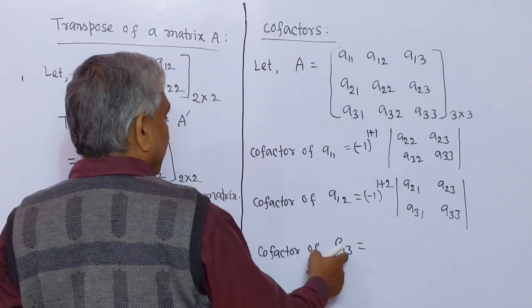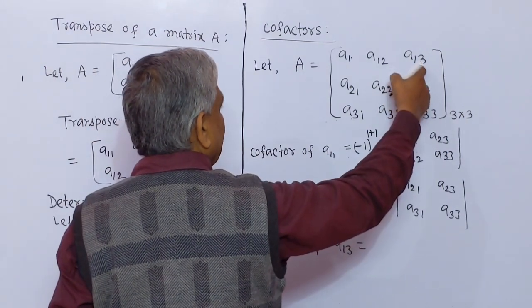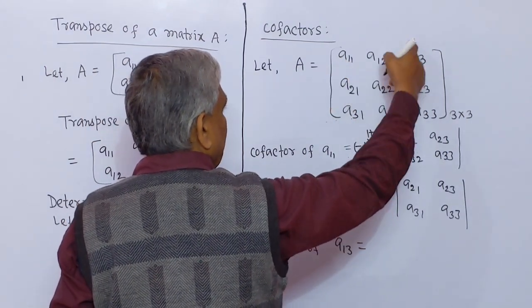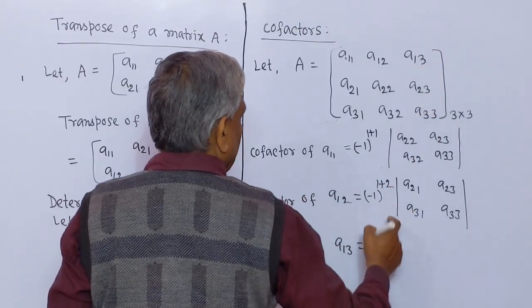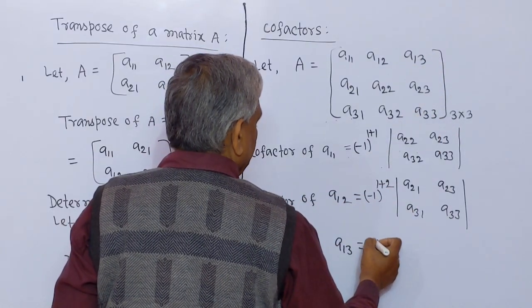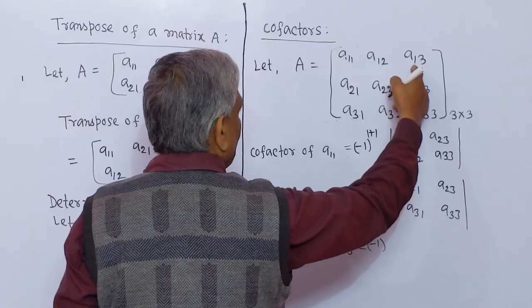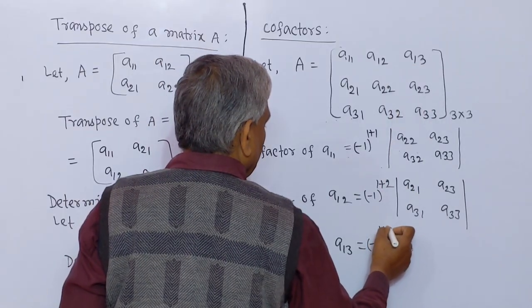Now the cofactor of A13. A13 is in the first row and third column. We cancel the first row and third column, and here we write minus 1 to the power 1 plus 3.